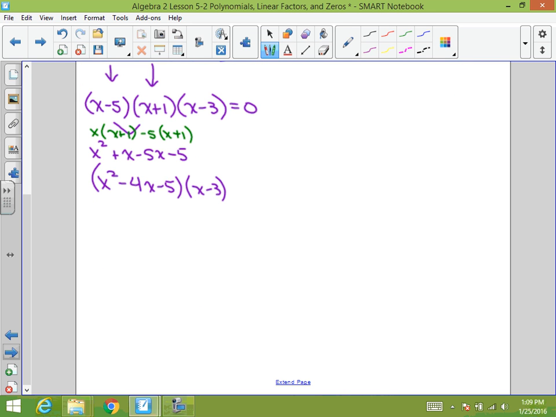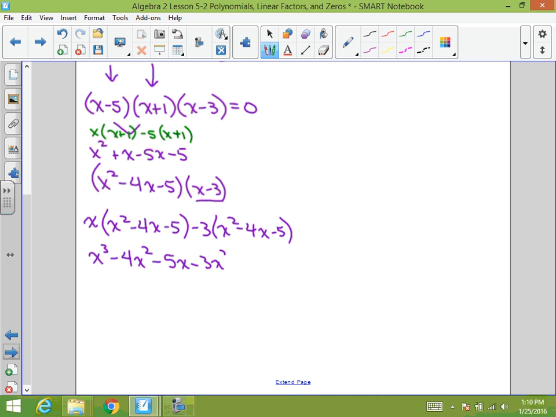So I'm going to take x, and I'm going to multiply it by the longer one, x squared minus 4x minus 5. Then I'm going to take negative 3 and multiply it by x squared minus 4x minus 5. If I distribute, I'll get x to the third minus 4x squared minus 5x minus 3x squared plus 12x, watch signs, plus 15.